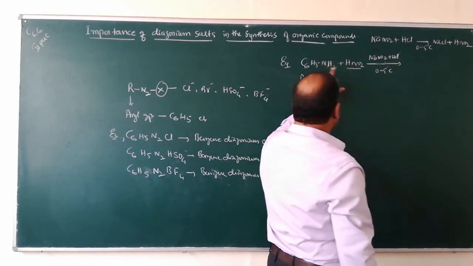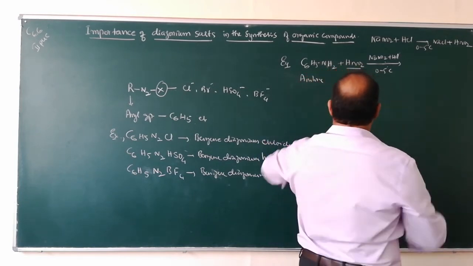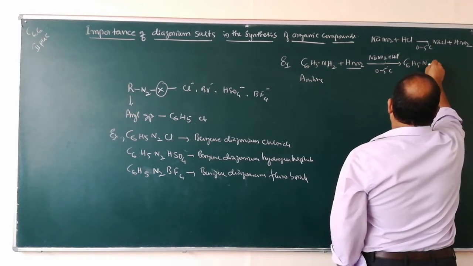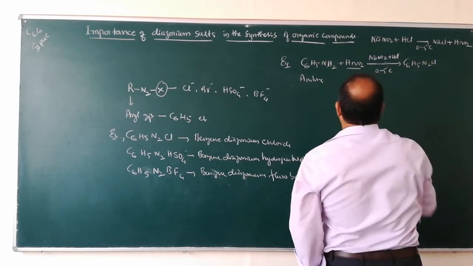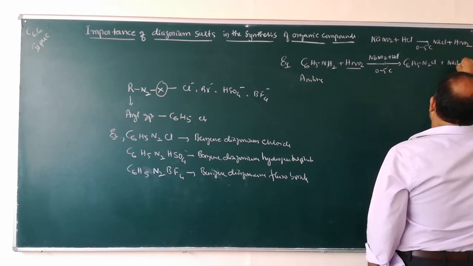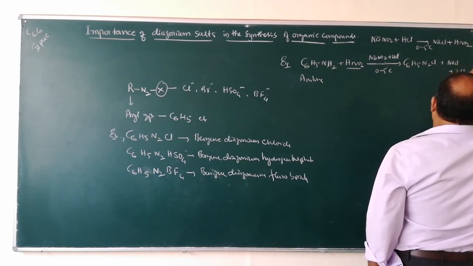When aniline reacts with nitrous acid, you will get benzene diazonium chloride, C6H5N2Cl, plus NaCl plus 2H2O.